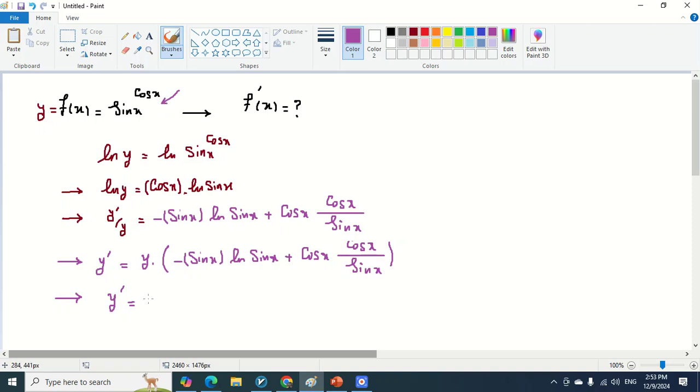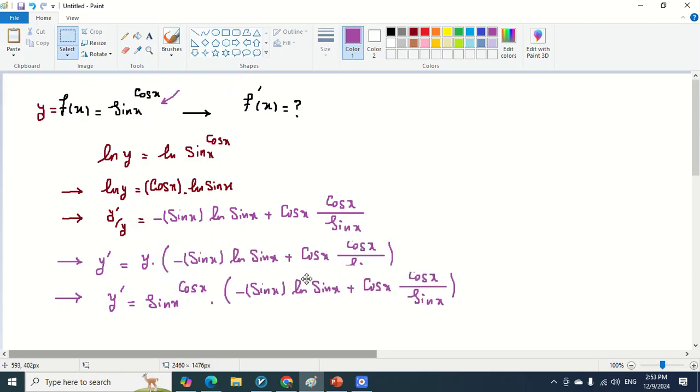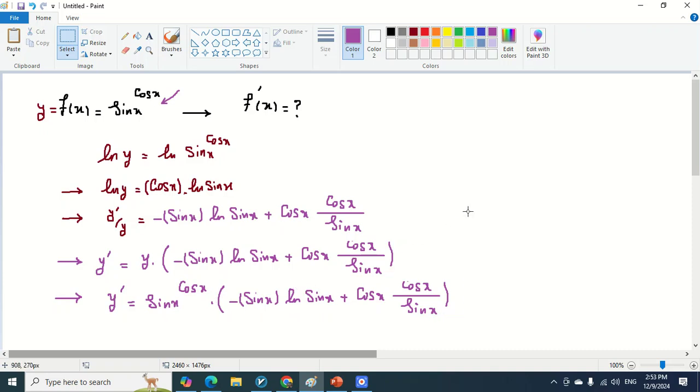So I can rewrite it as sine x to the power of cosine x, and that expression multiplied by this part of the equation, which we rewrite as the part that we have here.